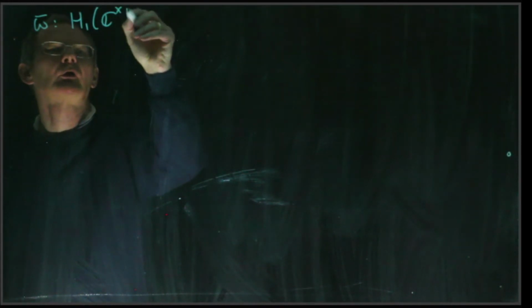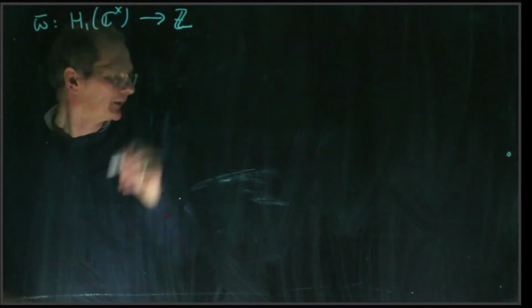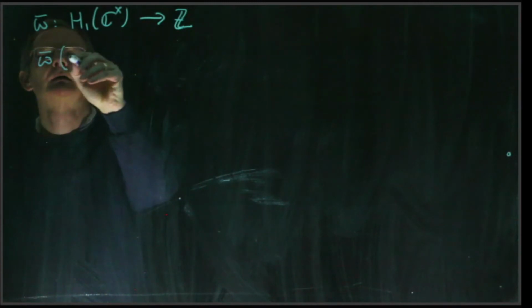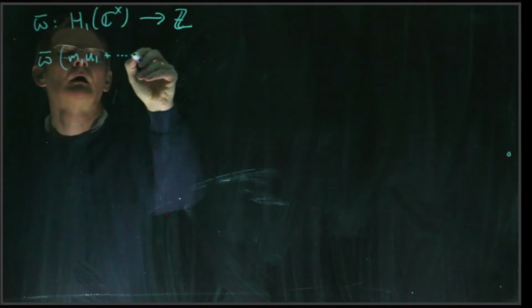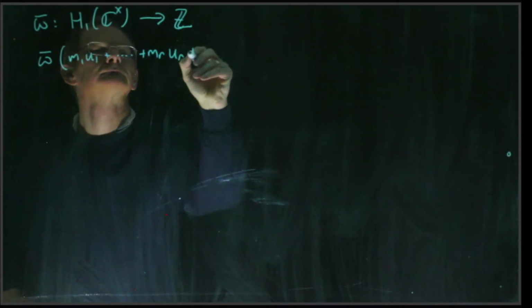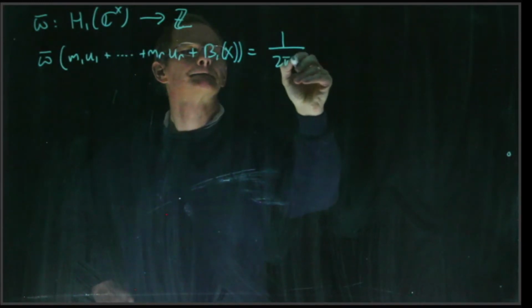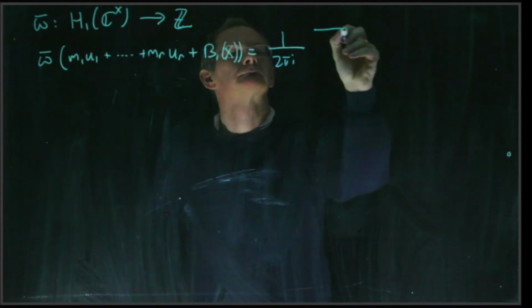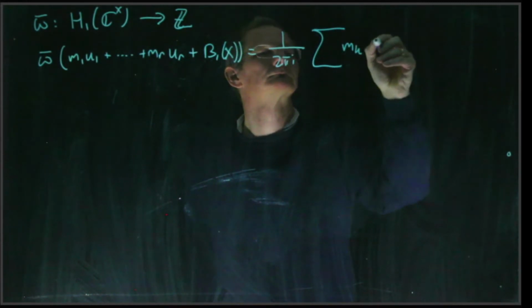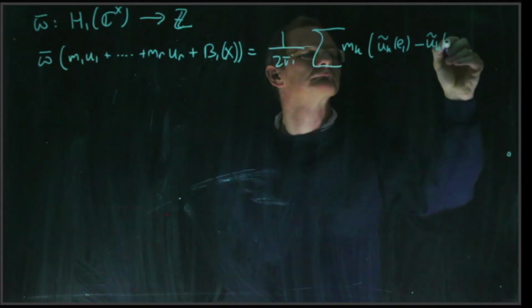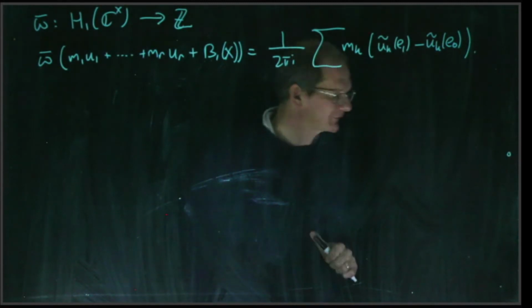Okay, so where do we stand? We've got this map omega bar we've defined from H1(C cross) to the integers. And let's just restate how this was defined. If you look back through the definition, it kind of unrolls like this.